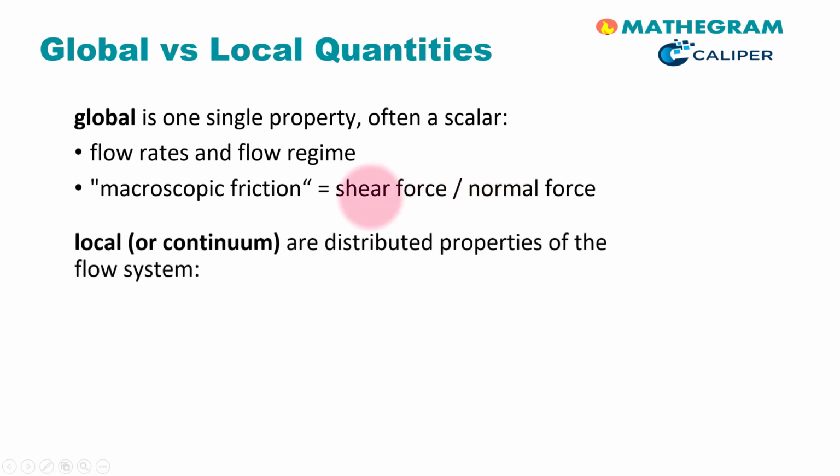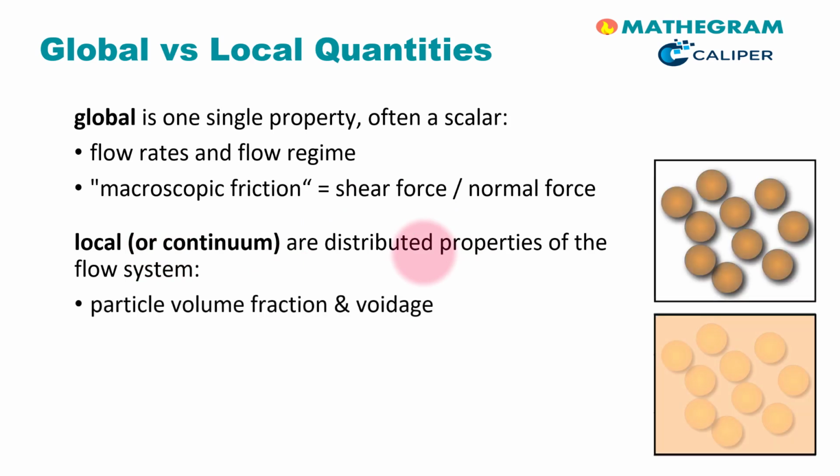More important for us are local, often called continuum or spatially resolved properties in a flow system. The most fundamental quantity in this category is the particle volume fraction and its counterpart, the voidage. How this quantity is computed is illustrated here on the right.